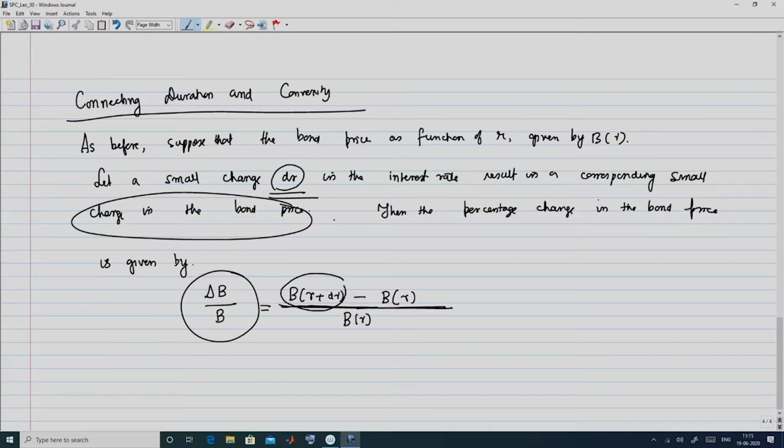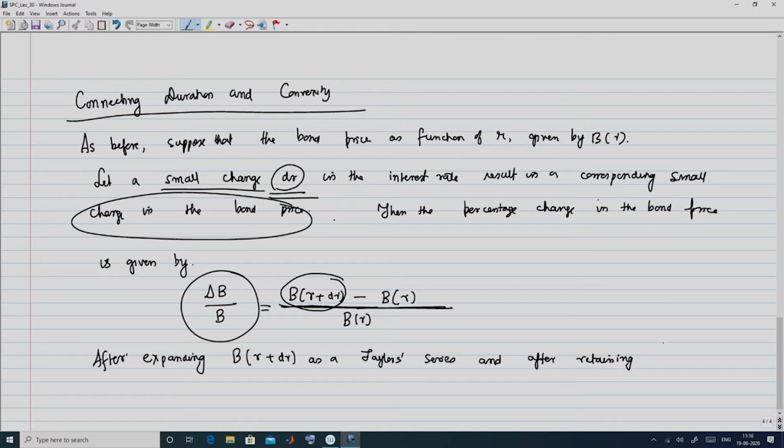Okay, now let us focus on this particular term. Remember that we had said that dr is a small change. So, accordingly we can make a Taylor series approximation, and expand B of R plus dr as a Taylor series, and after retaining the two terms of the Taylor series, we obtain the following.